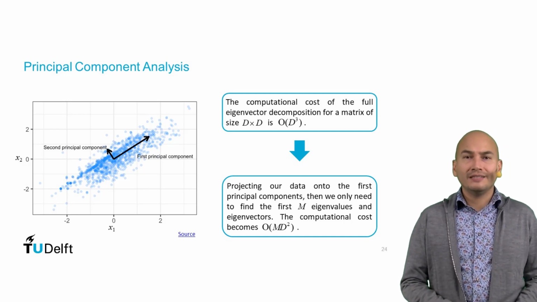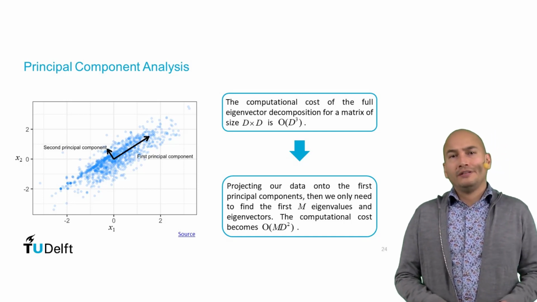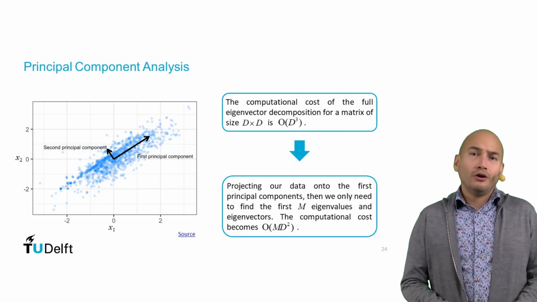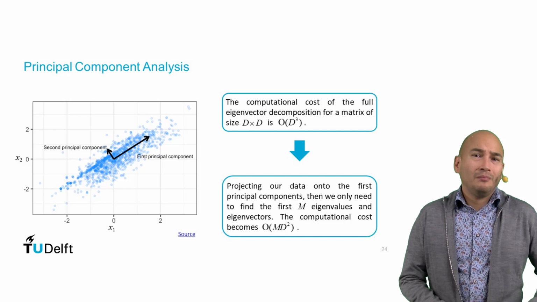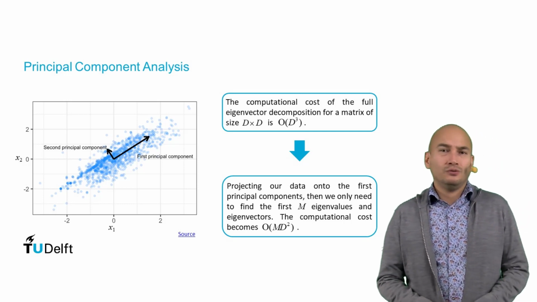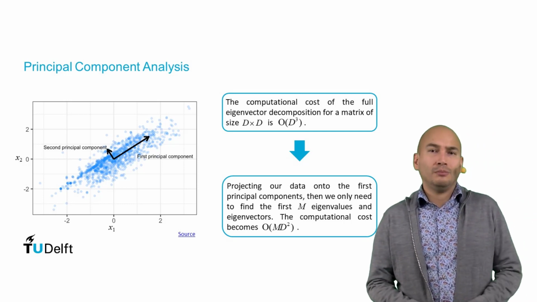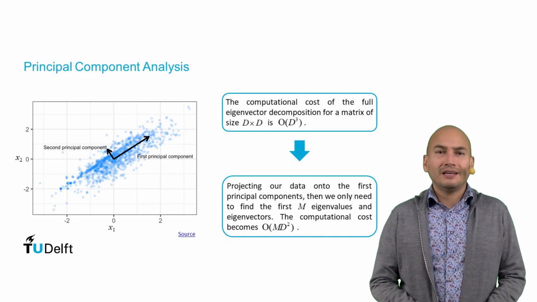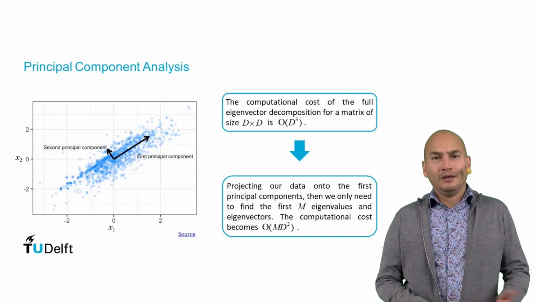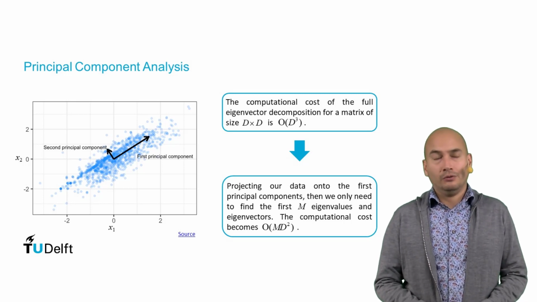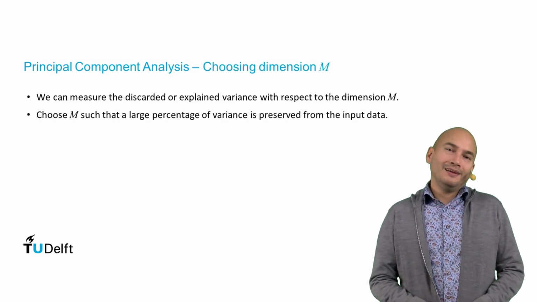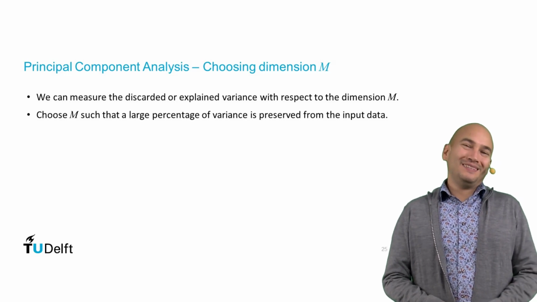However, if we are projecting the data on the first m principal components, it means we only need the first m eigenvectors. The computational cost can be largely reduced to O of m times D squared. This technique is widely used in the PCA functions that you will use in Python and in other languages. Now we know the solution of PCA.